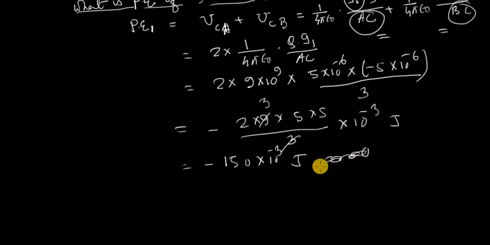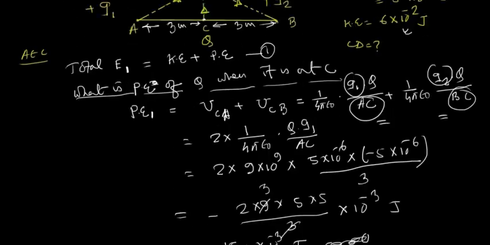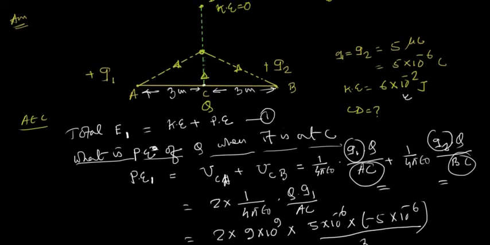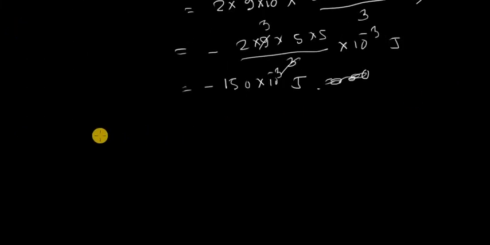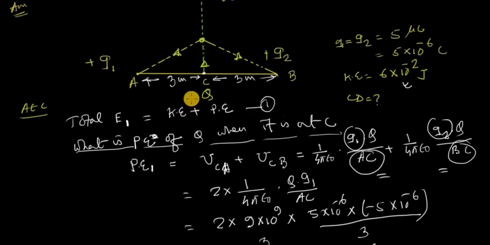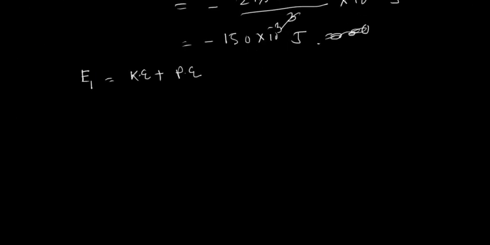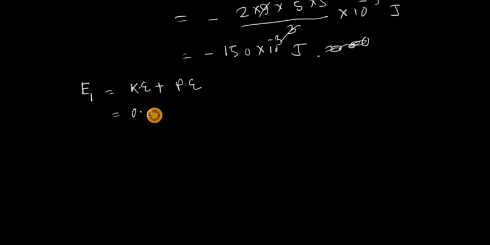Okay, keep this as minus this. So total energy, putting in the value at equation 1, total energy at C of Q is nothing but kinetic energy at C plus potential energy at C. Okay, now total energy at C, kinetic energy at C, potential energy at C. So this is nothing but 0.06 plus minus 150 times 10 to the power minus 3 joule.